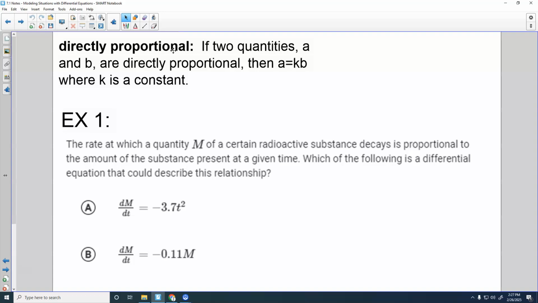For example, one of the best examples of direct proportionality that you can relate to is hourly wages. Your wages are directly proportional to the number of hours you work. In that case, your constant of proportionality, that K, would be how much you get paid per hour.